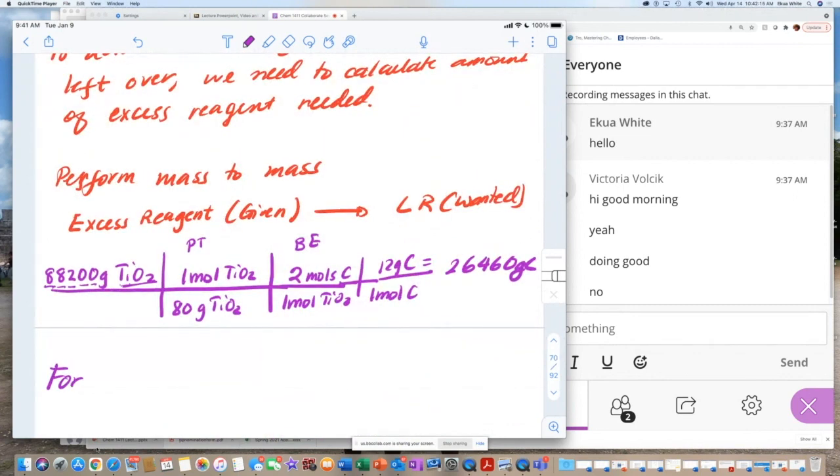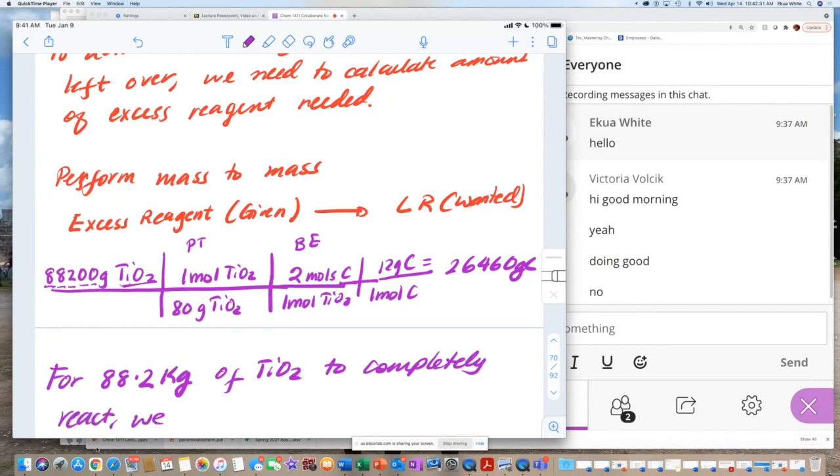So for 88.2 kilograms of titanium 4 oxide to completely react, we needed only 26.5 kilograms of carbon.